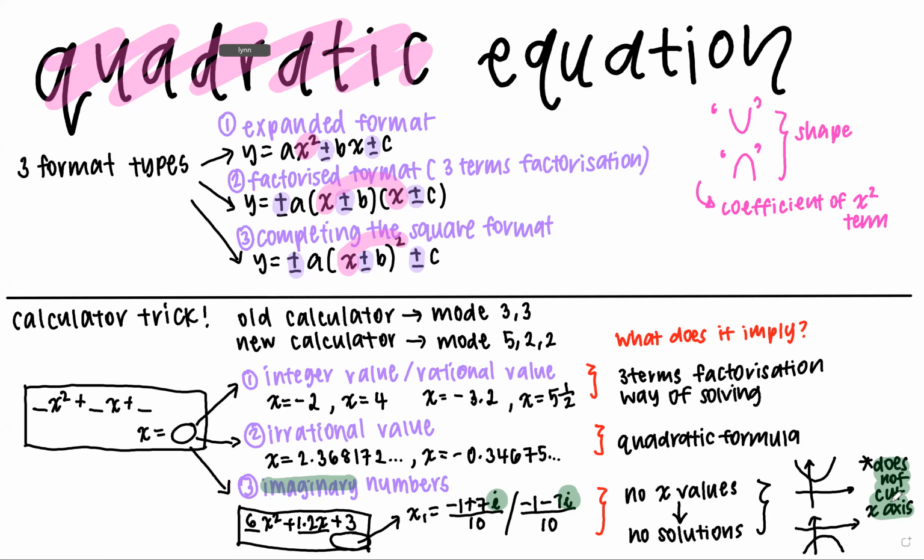Don't forget to highlight this part. Does not cut x-axis means this one. This part here is the x-axis. It does not touch, it does not cut through. For the next section, I'm going to go more in depth in what it means by not cutting the x-axis, but it's still not as in-depth as A-math class.